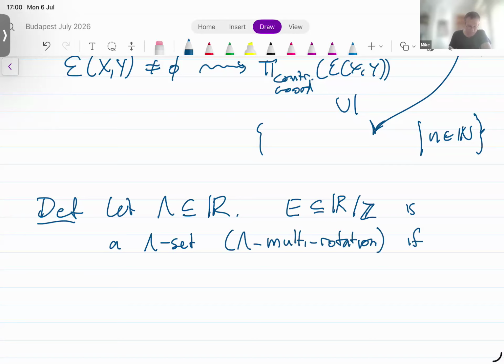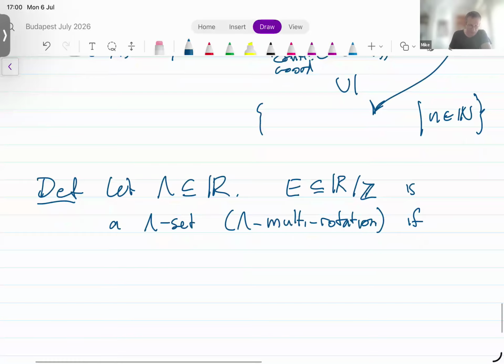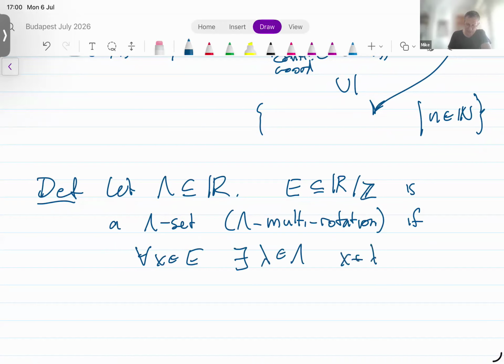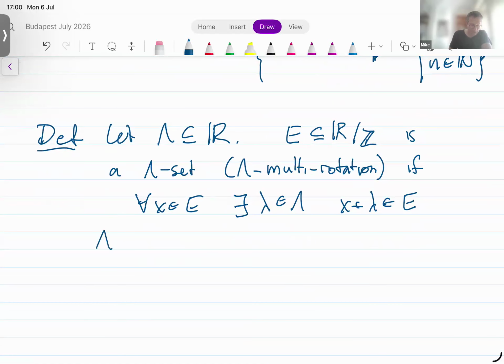If the set E has the following property, that for every point x in E, you can find a lambda in the set lambda so that x plus lambda belongs to E. And when lambda is just two numbers, alpha and beta, then a lambda set is called an alpha beta set. So that's where the term comes from. But I'm going to allow more than two numbers in lambda.